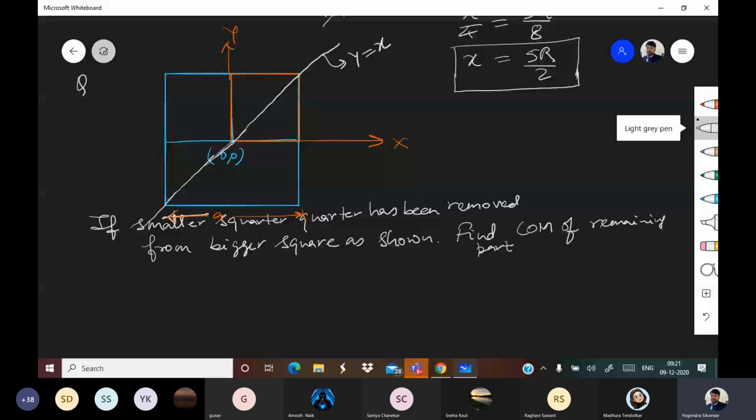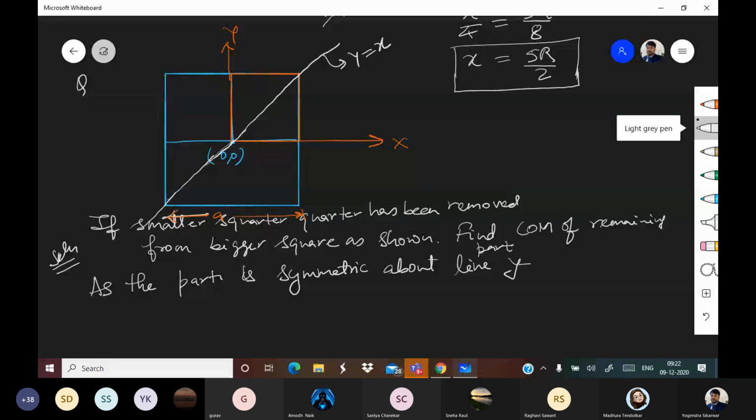So as the portion is symmetric about the line y equals x, its center of mass will lie on the line y equals x.